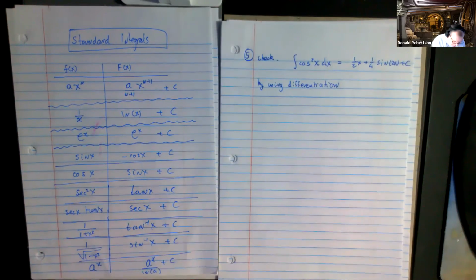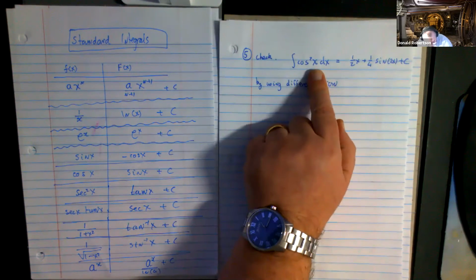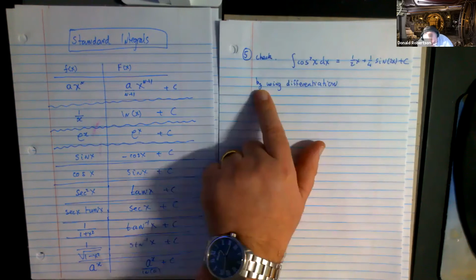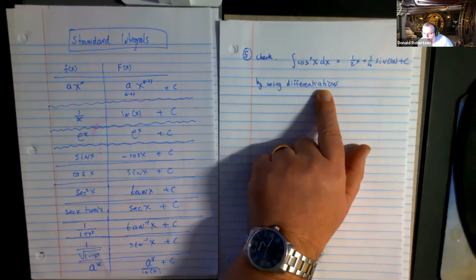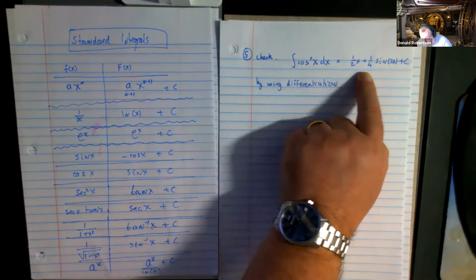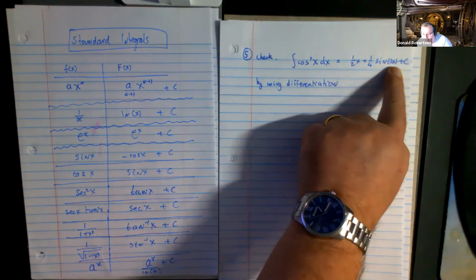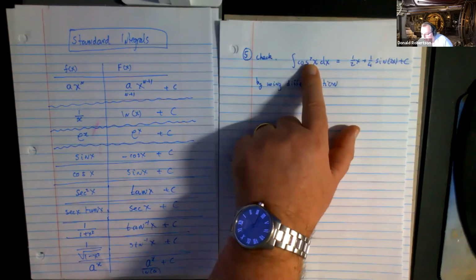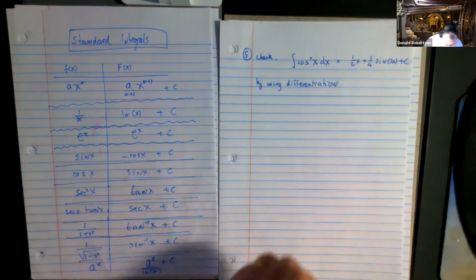Right, next one on my list. Slightly different question. It's basically question 5 from the homework. We're being asked to check, is this true? And they tell you to do it by using differentiation. Well, if the antiderivative of cos squared x is this, then shouldn't the derivative of this be cos squared x? You see, I'm basically just working backwards.